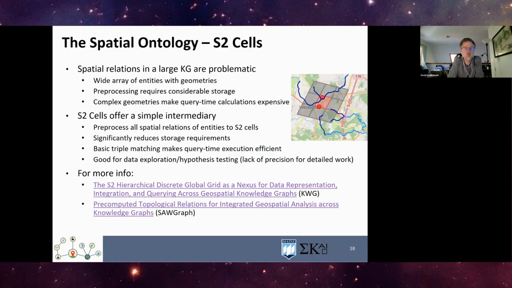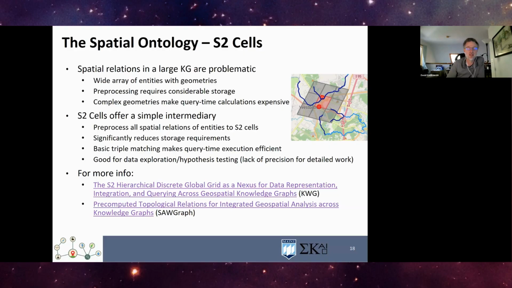If we try to continue to essentially spatially integrate all entities with each other, we end up with a really, really large graph. So going through a pre-processing integration process, I guess, for lack of a better word, just creates an unmanageable number of triples.